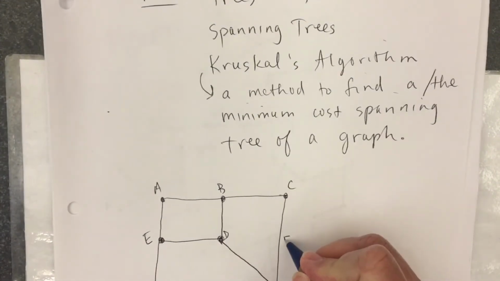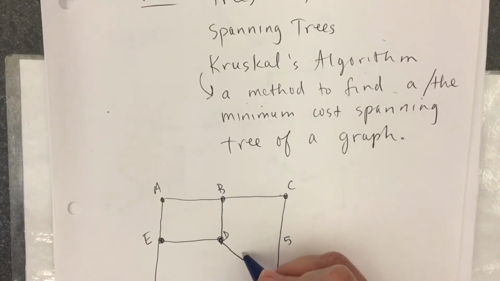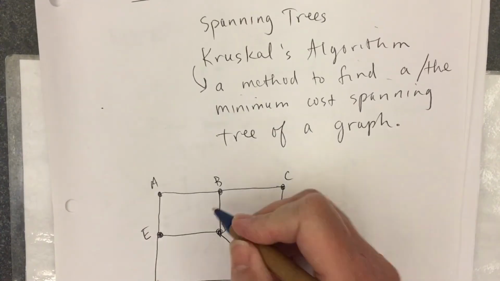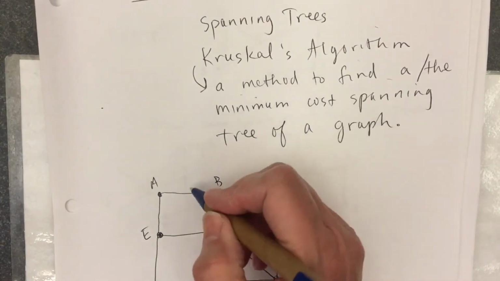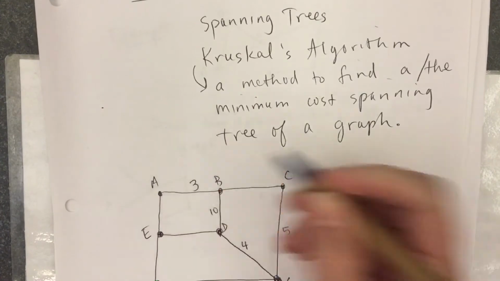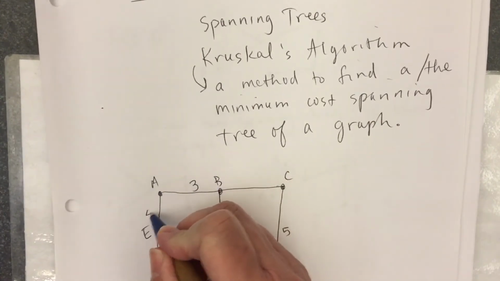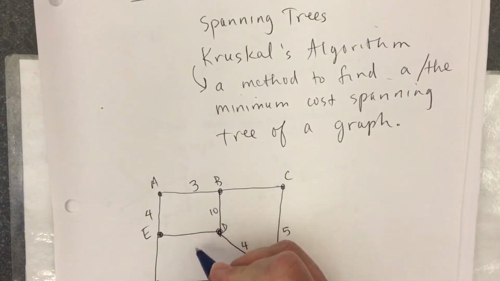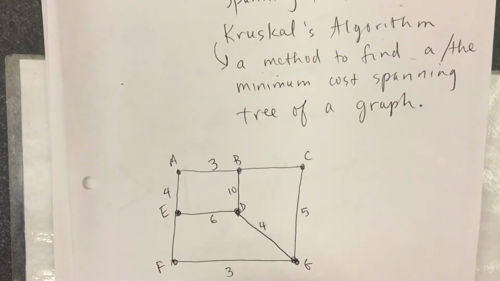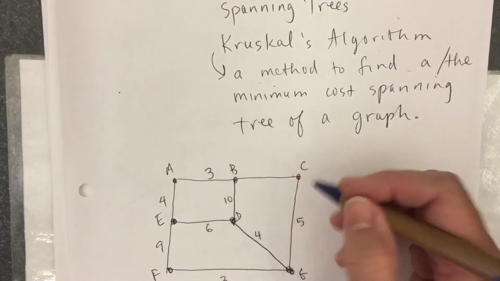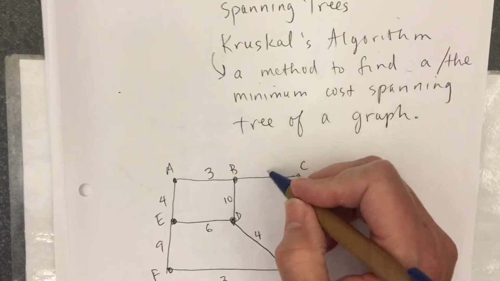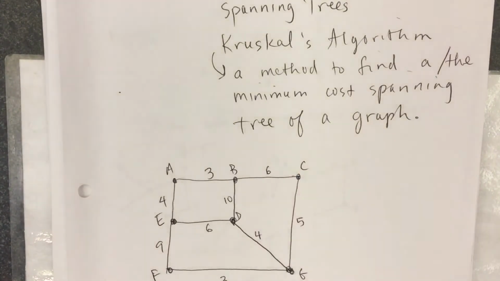So C to G is 5, D to E is 4, F to G, we'll make that one 3, B to D is 10, A to B is 3, A to E 4, E to D is 6, and we'll do E to F is 9, B to C, let's go 6 for that. All right, so there's a graph.